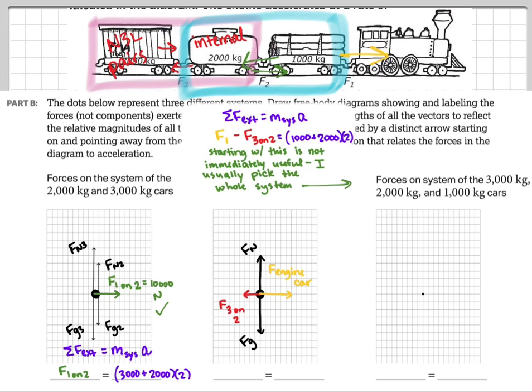Either way, my inclination is to lump everything together in a giant thing that I call the super block. Everything in the system accelerates at the same magnitude, not necessarily even the same direction in the case of an Atwood's or a modified Atwood's. But if they're all moving the same, we should be able to figure out the net force on the system in order to find the acceleration.